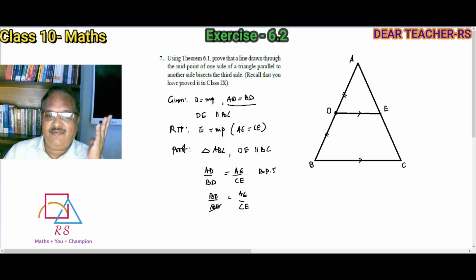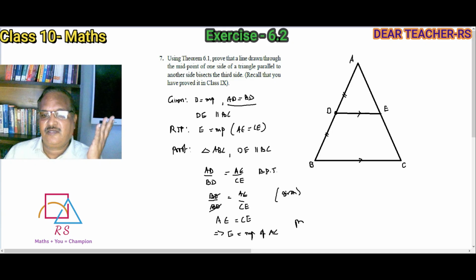So BD will get cancelled. Okay, this is given. So then what happened? Nothing will be there on left hand side. Cross multiply it. AE is equal to CE. So that means E is midpoint of AC. This is what is to be proved.